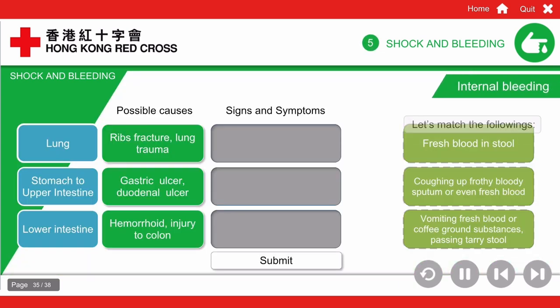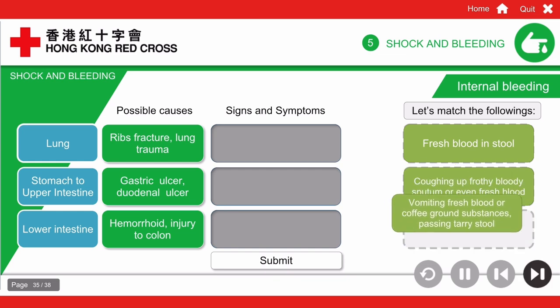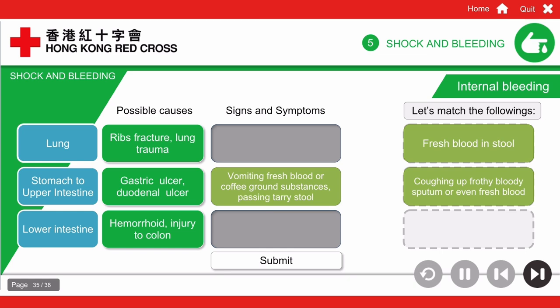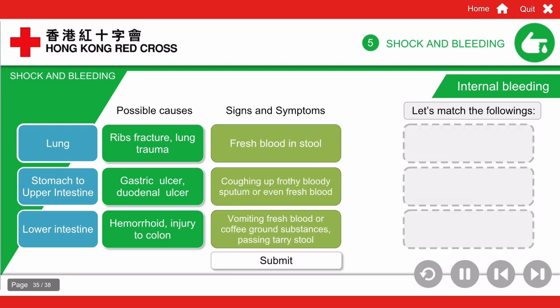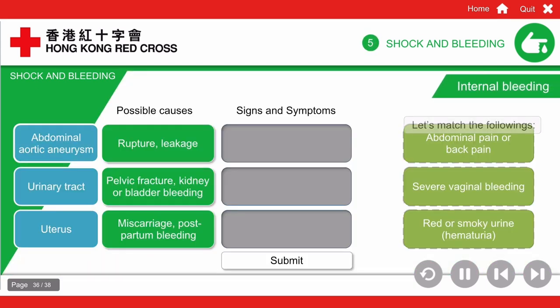What are the signs and symptoms if below organs are bleeding? Are you sure to answer last three questions correctly?